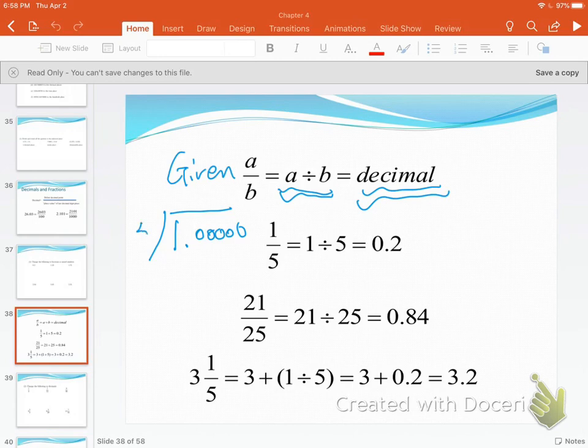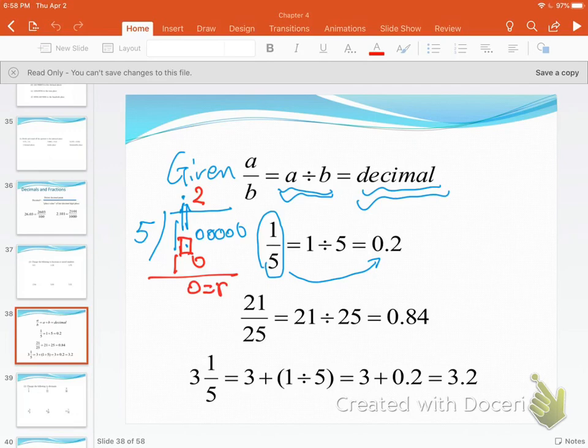And then 5 is outside the long division. So now we forget about this decimal point in the long division. So it's 10 divided by 5. We got 2, remainder 0, stop. The last step, you put the decimal point on top of the decimal point. So the answer is 0.2. So we changed this fraction to the decimal number 0.2 by division.